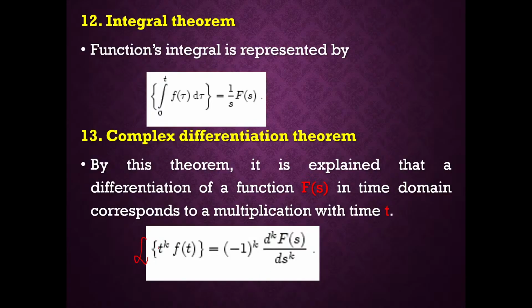Laplace of t power k f of t is equal to minus 1 to the power of k into the k-th derivative of F of s with respect to s.